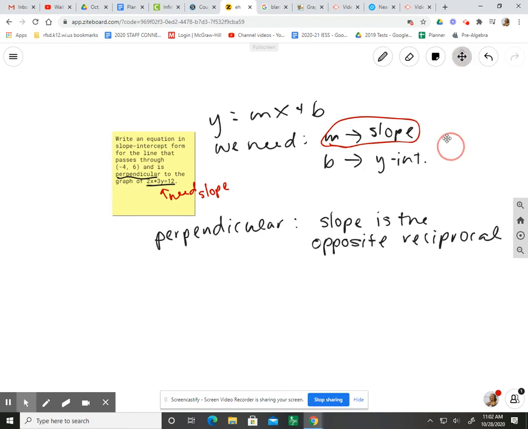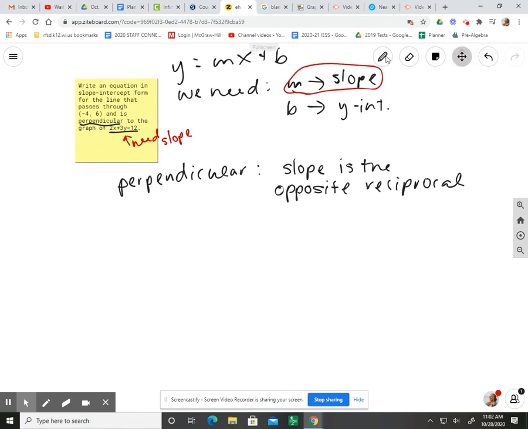So to find the slope of the given line, we're going to take that line's equation, 2x + 3y = 12, and write it in slope-intercept form. So we need to solve for y. We'll subtract 2x from both sides.